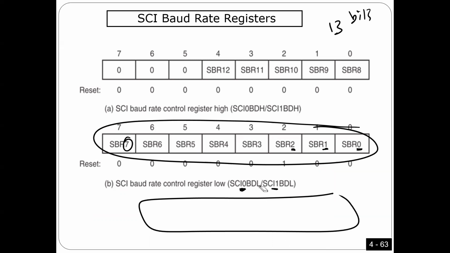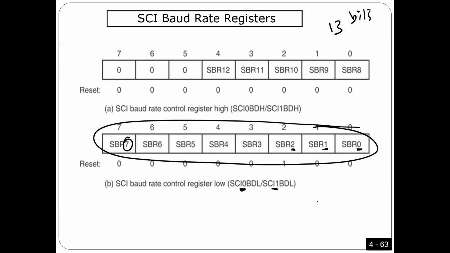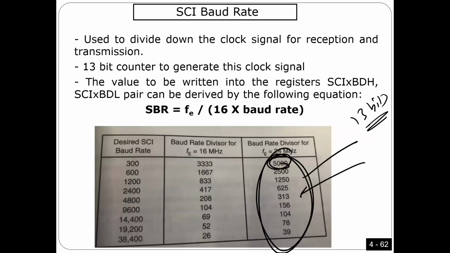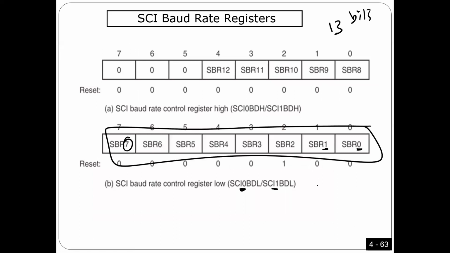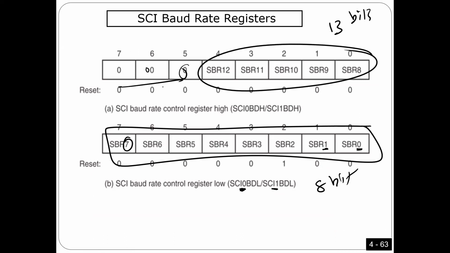Okay, guys, so again, the number you have here should be 13 bits. Of these 13 bits, 8 bits are going to be in one register and the other bits in a second register, as you see here. This is the first 8 bits, and then we have 5 bits, and then you can put 0, 0, 0. Is that okay?